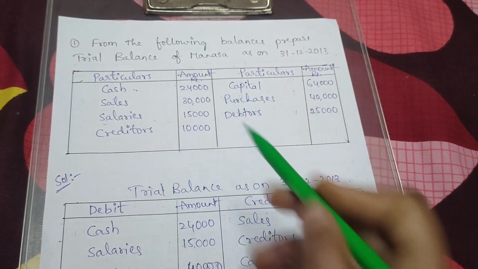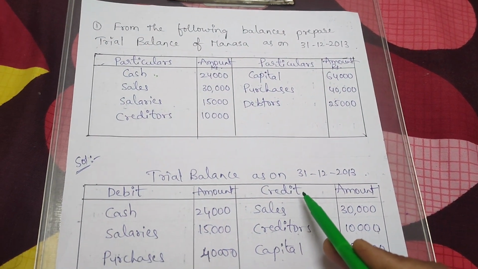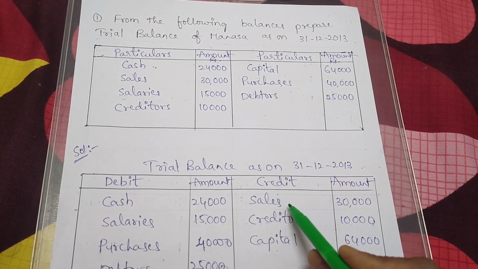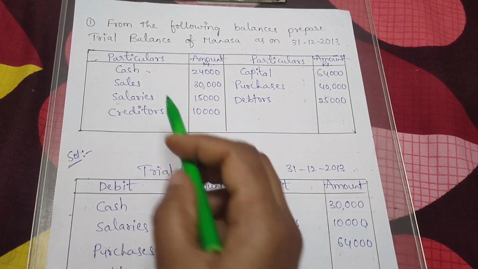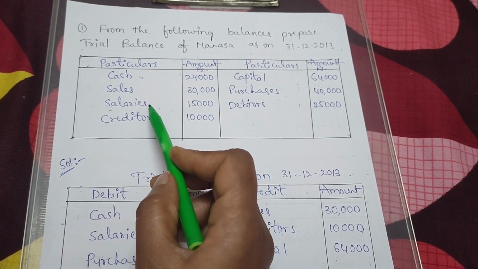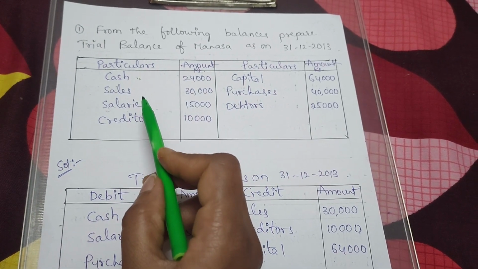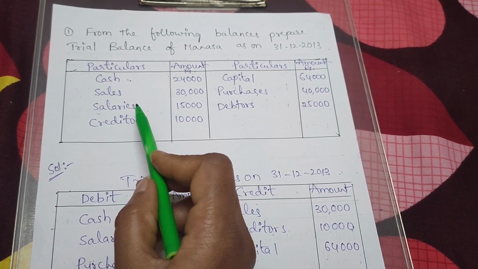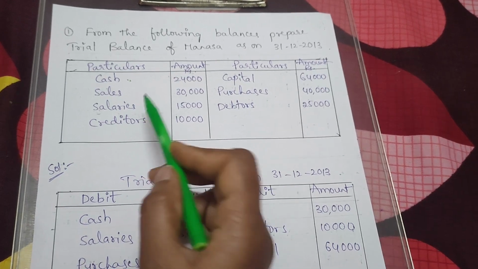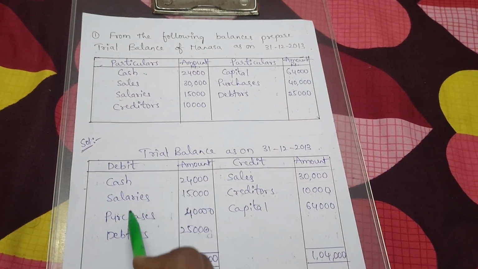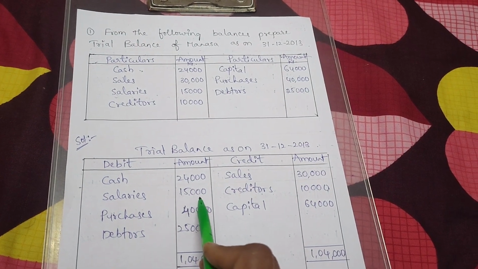That is why I recorded sales under credit, 30,000. Next, salaries. Salary is always an expenditure for the business. If it is an expenditure, we have to debit it. That is why I recorded salaries under debit. Under debit, salary is 15,000.